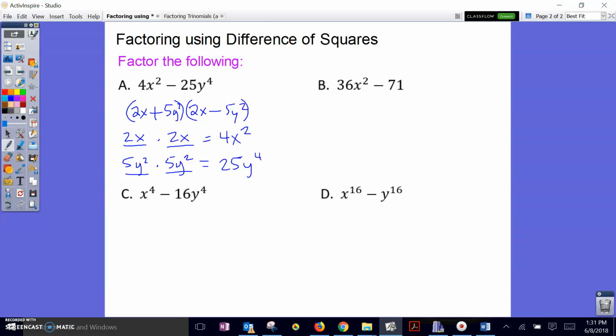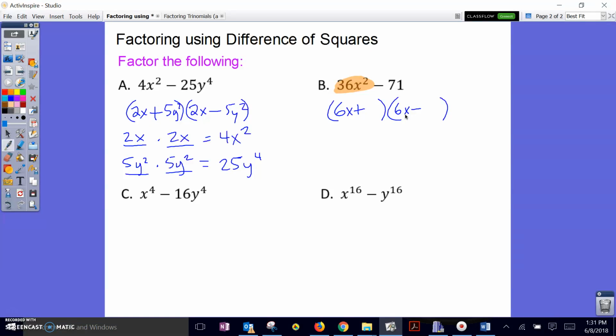Okay, looking at part B, we think to ourselves, two terms separated by subtraction. Maybe it's a difference of squares. Set it up. We think, what times itself gives us 36x squared? That's 6x. Then we turn to the 71 and ask ourselves, what times itself gives us 71?